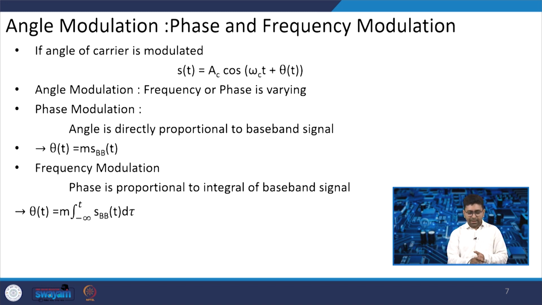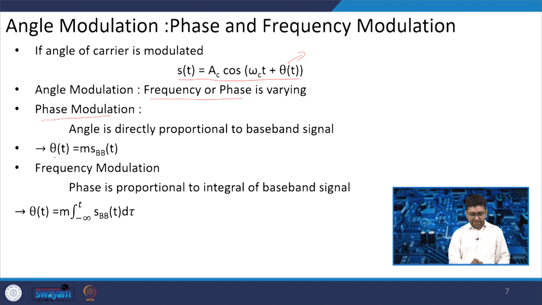If the angle of the carrier is modulated, let us say your signal s(t) is A_c cos(omega_c t plus theta(t)), and if this angle is modulated according to the amplitude of the baseband signal, then we will have a variation in frequency or phase. In the first modulation, phase modulation, the angle is directly proportional to the baseband signal.